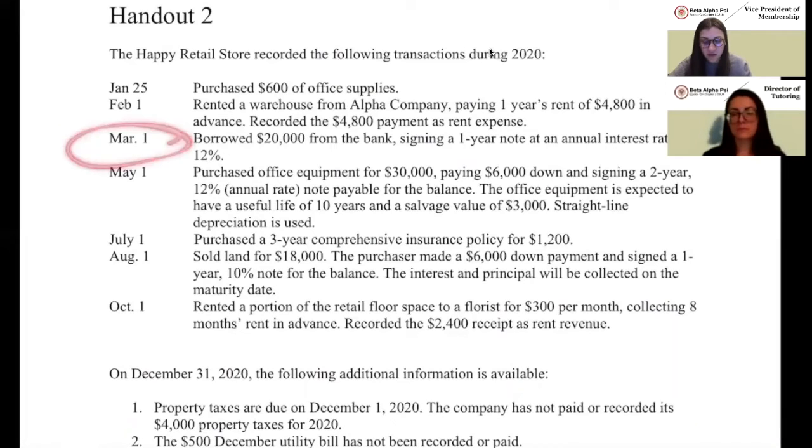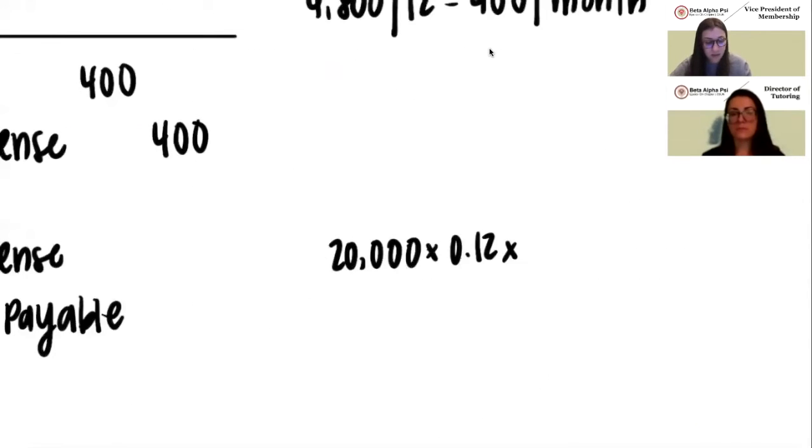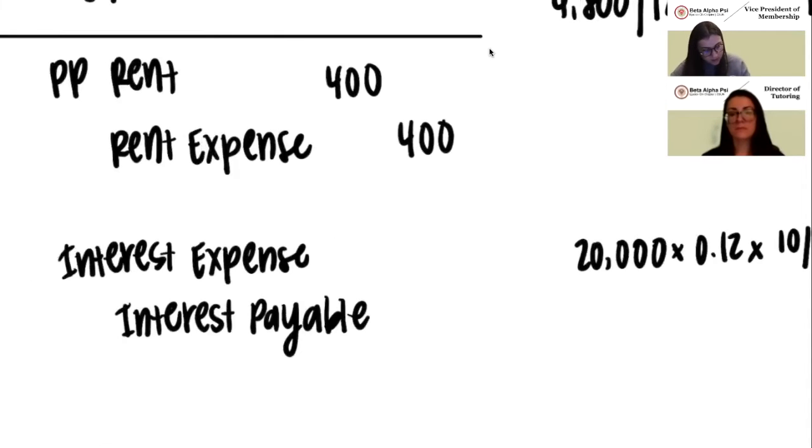So if it's on March 1st and we're doing an adjusting journal entry for December 31st, it's been 10 months. So we're going to multiply that by 10 out of 12. So the interest that we have is going to be $2,000. So we're going to debit our interest expense for $2,000 and credit our interest payable for $2,000.